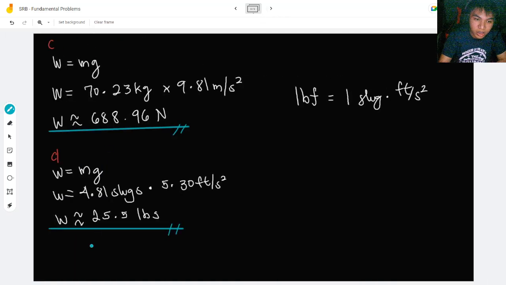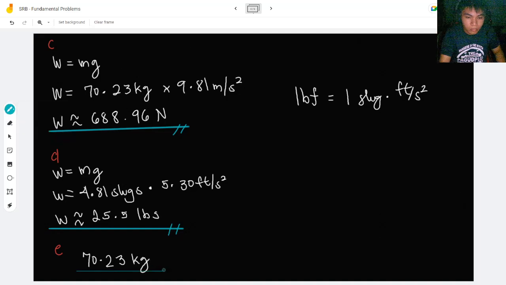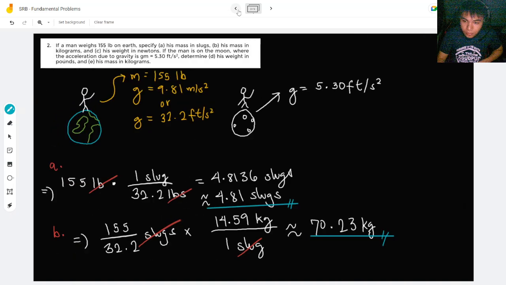So for our E, the answer is the same. It is 70.23 kilograms. Okay, so that is for number 2.